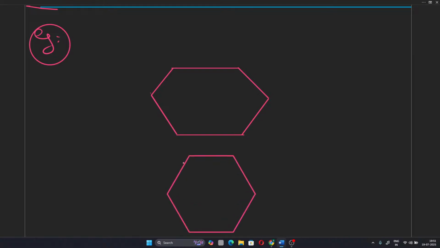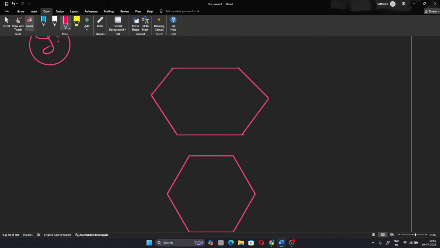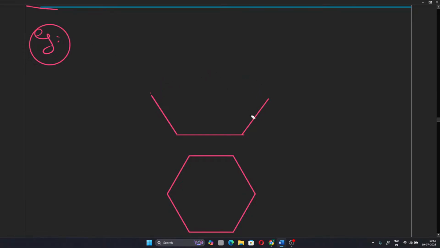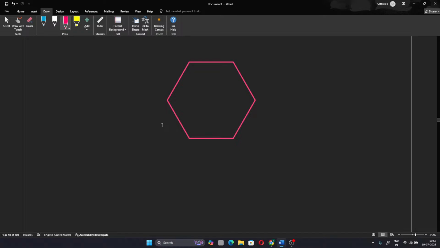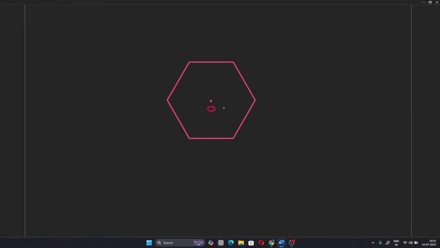Yeah, this is much better. Okay, this is a hexagon. The center of this hexagon is O, and the vertices are A, B, C, D, E, F respectively.